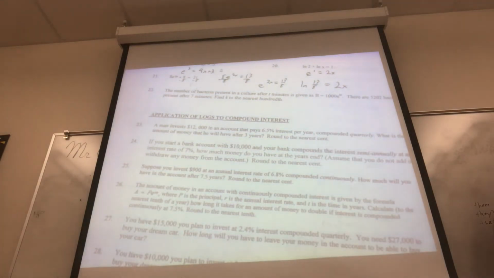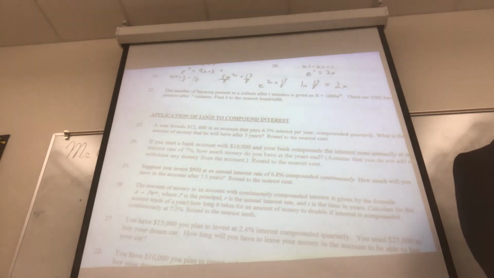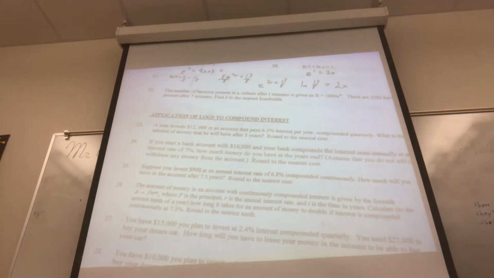You have to remember the natural log is the same thing as log base e. I believe that's one of the questions on the test even, what's another way to write natural log, and it's log base e. It means the same thing.